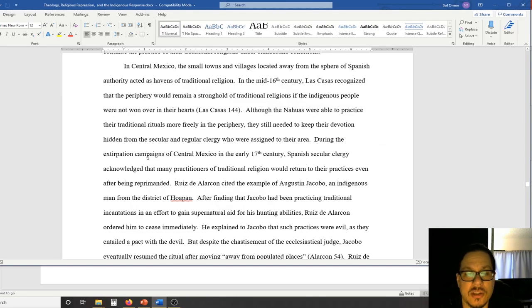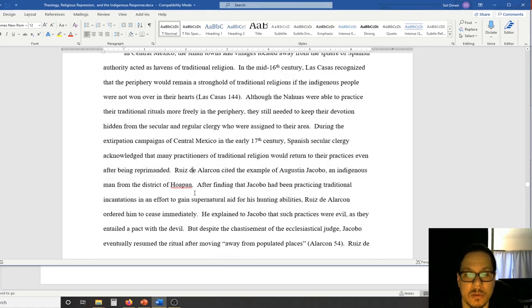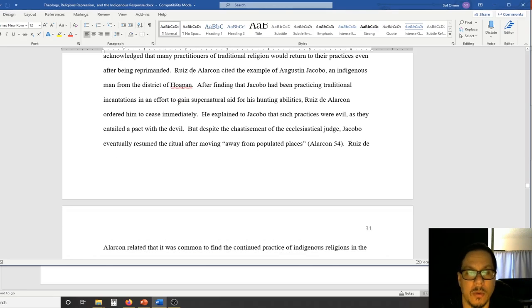During the extirpation campaigns," these are just campaigns to uproot traditional religion, "during the extirpation campaigns of central Mexico in the early 17th century, Spanish secular clergy acknowledged that many practitioners of traditional religion would return to their practices even after being reprimanded," after being punished. Okay, so I'm still making my point here, giving you some more historical background. Now let's get to the point, another piece of evidence.